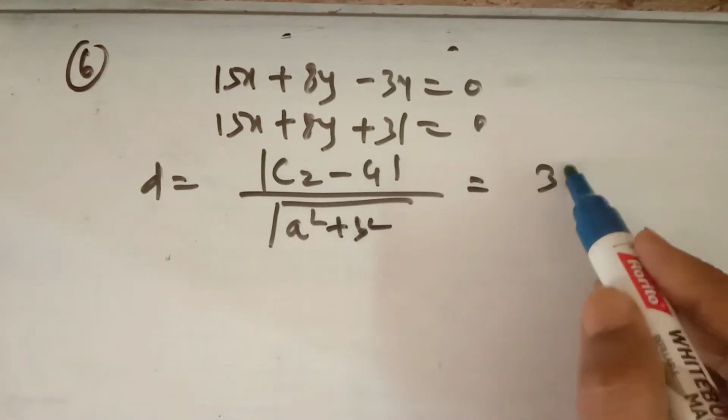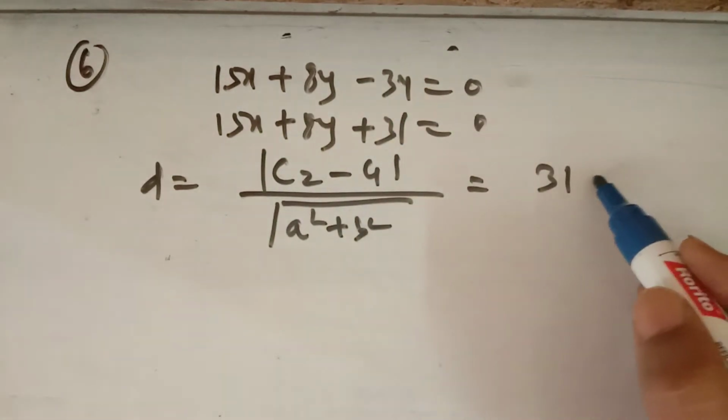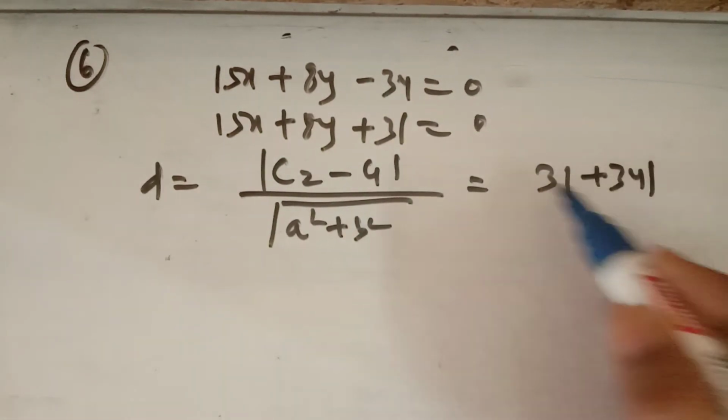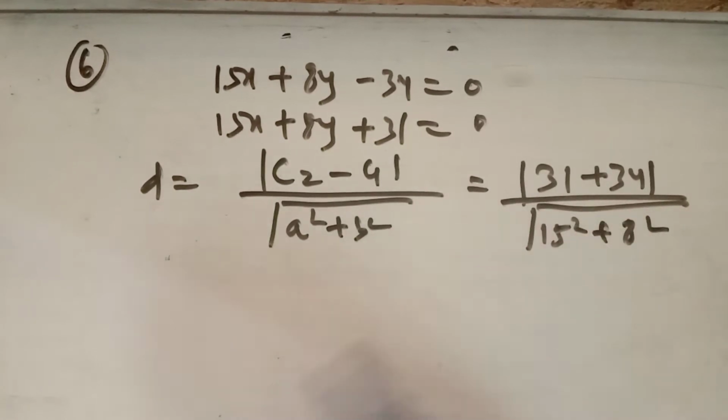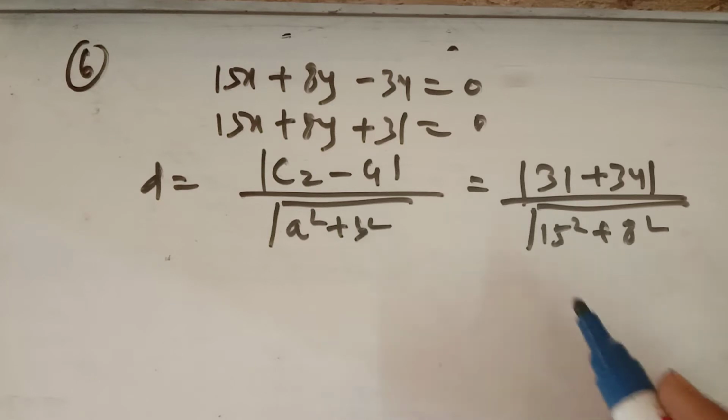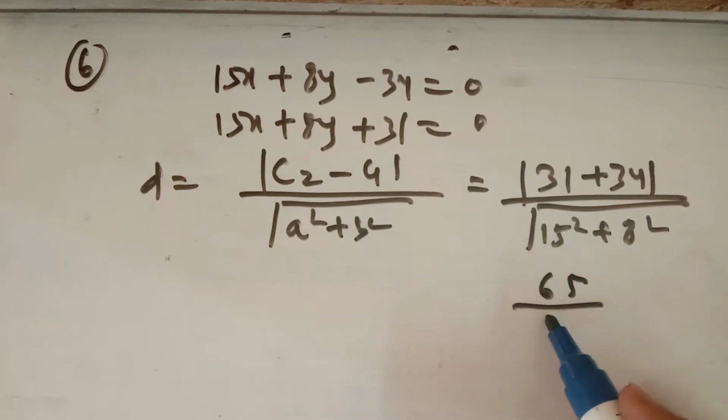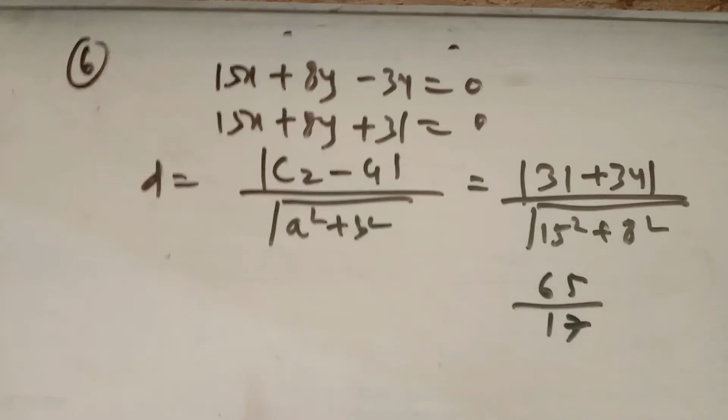So c2 is 31 and c1 is -34, so it becomes 65 upon the square root of a square plus b square. When you solve it, the distance comes out to be 65 upon 17, that is, 5.